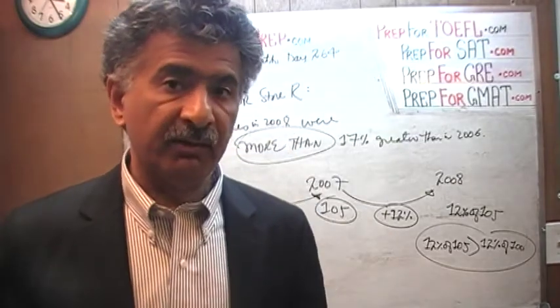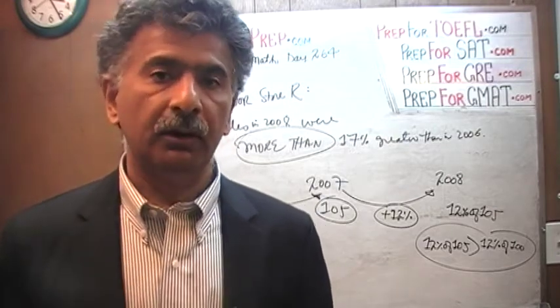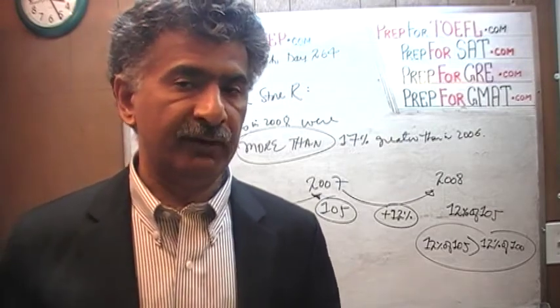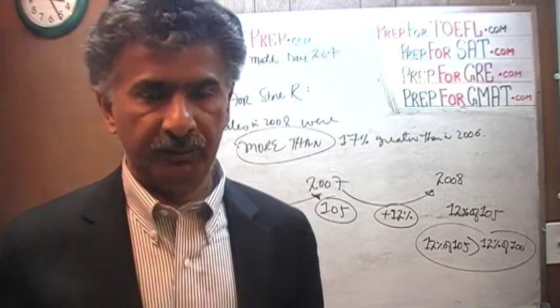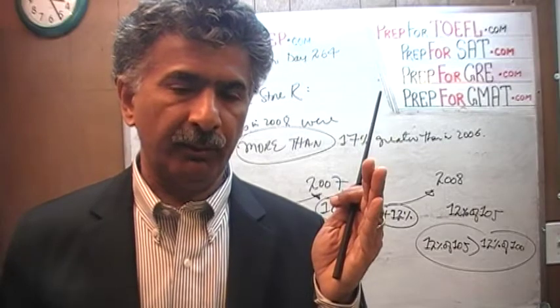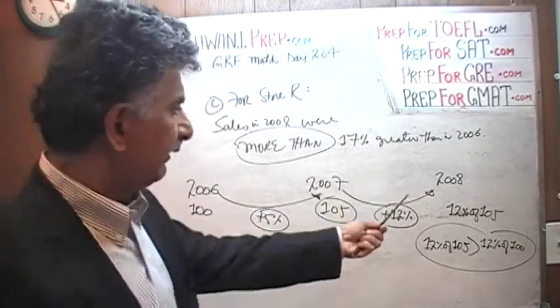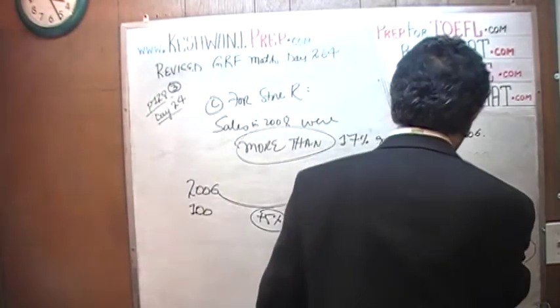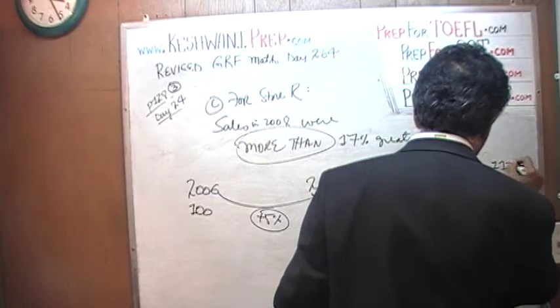If you have an increase of 5% and then another increase of 12%, the overall increase actually is more than 17%, as opposed to just having one increase of 17%. Because if you have just one increase of 17%, it's just 17% of 100, which is 117. Here, the final amount is going to be more than 117.